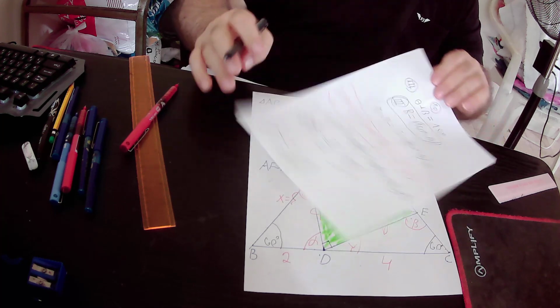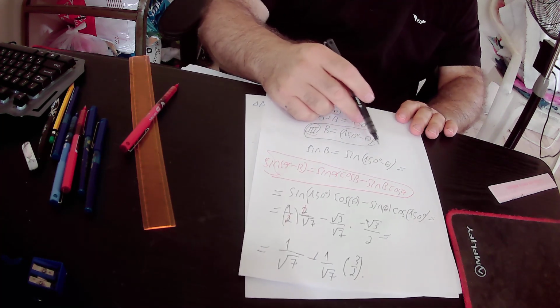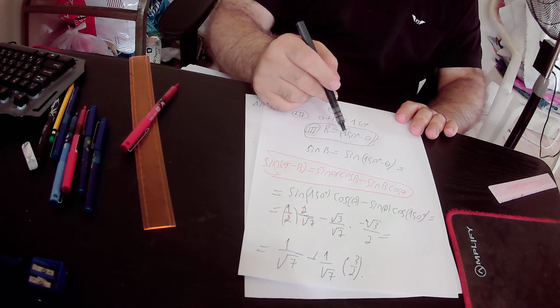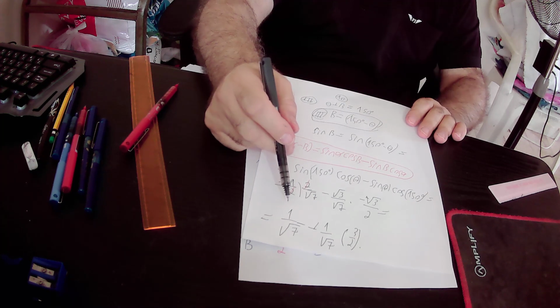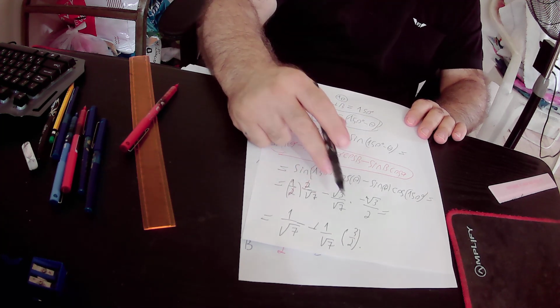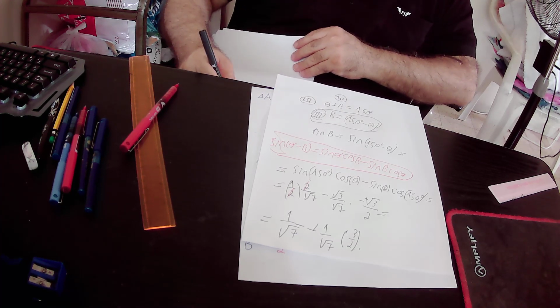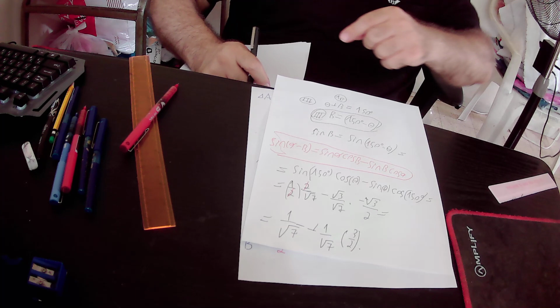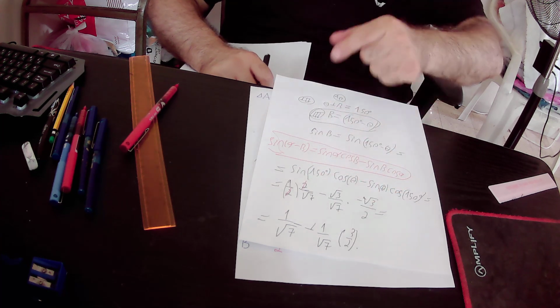Okay, so we got that the value of sine of 150 degrees minus theta, that actually equals sine beta, is 1 over root 7 plus 1 over root 7 times 3 over 2. Here you can take out 1 over root 7 as a common factor of this expression.